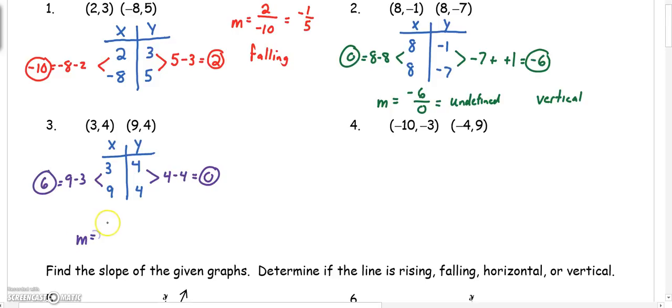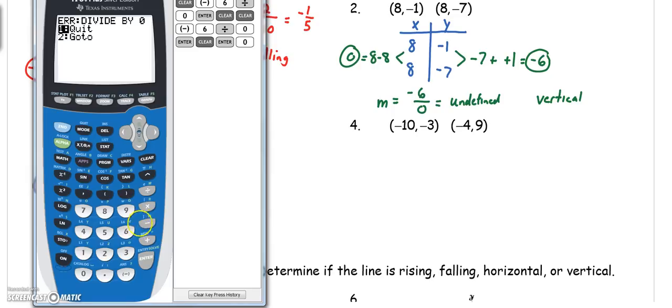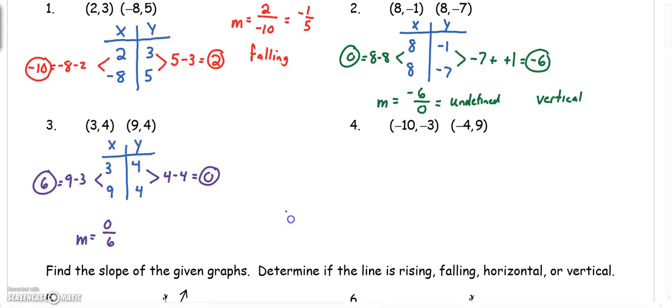So my slope in this case is 0 divided by 6. When I do 0 divided by any number, I get a slope of 0. So anytime 0 is on top, that means we have a 0 slope. And because our y is not changing, this means we have a horizontal line.